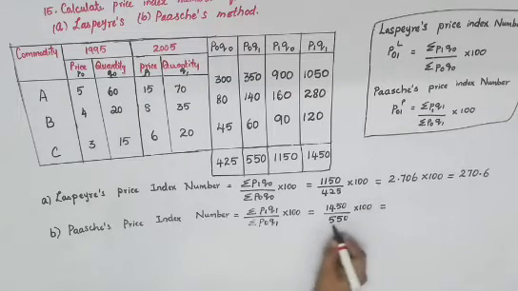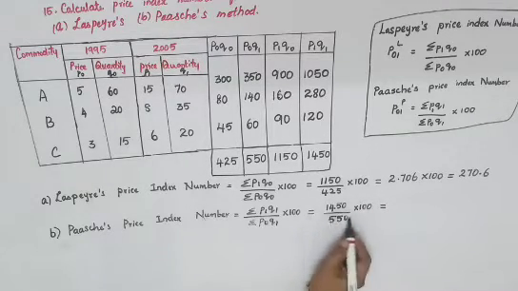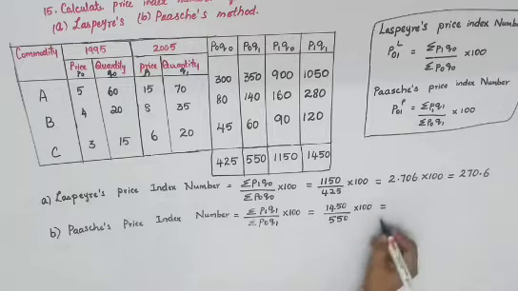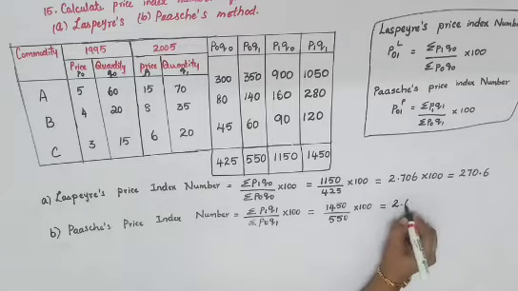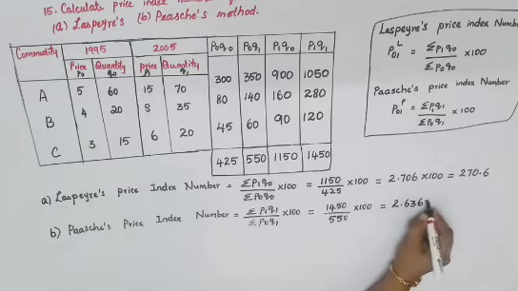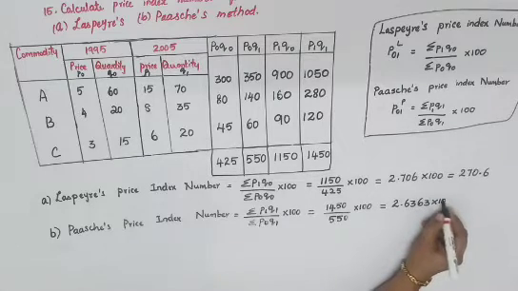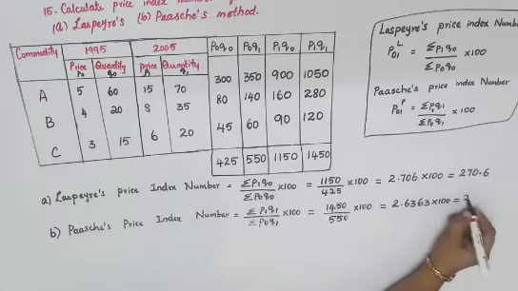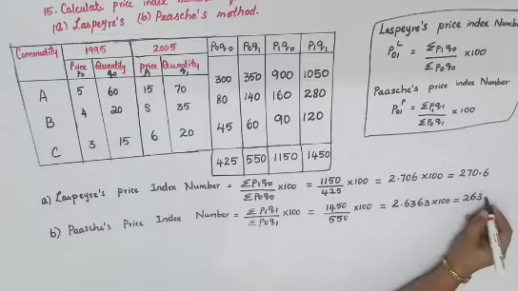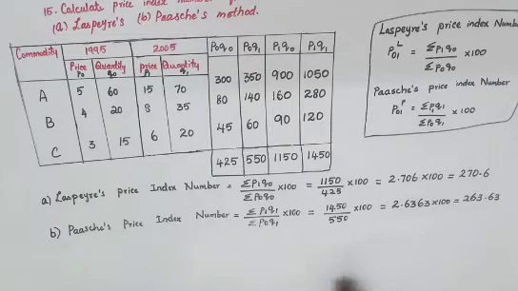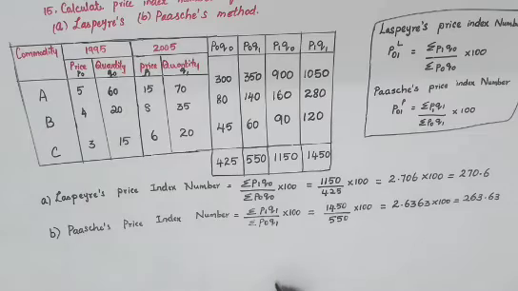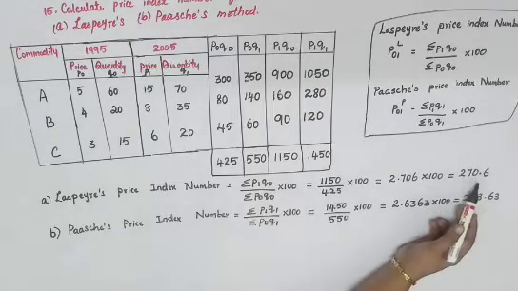Dividing 1450 by 550, you will get 2.6363 into 100, which is 263.63. Now we will have to compare both the answers.